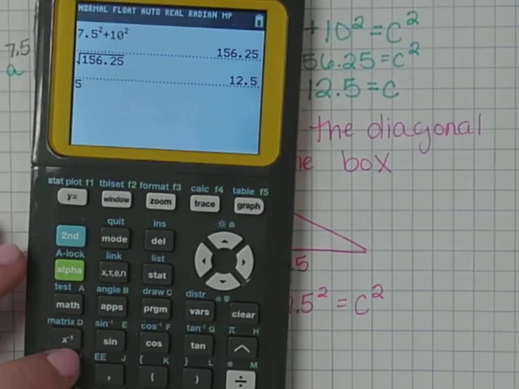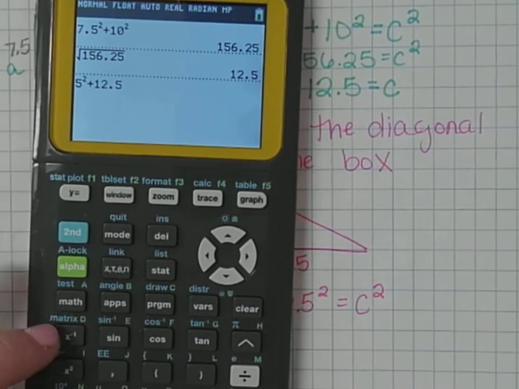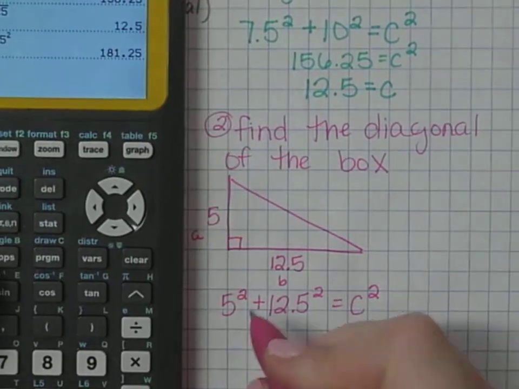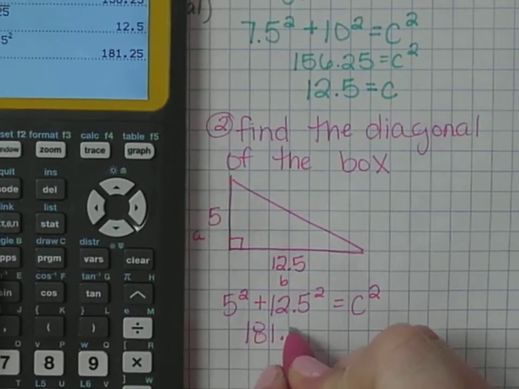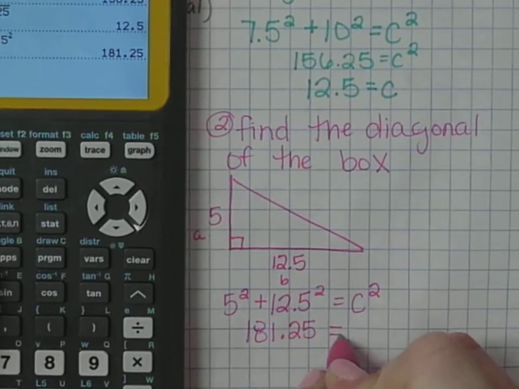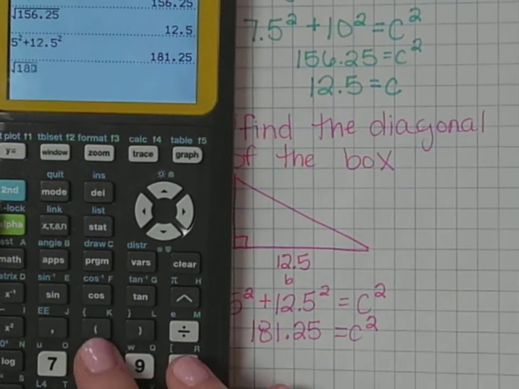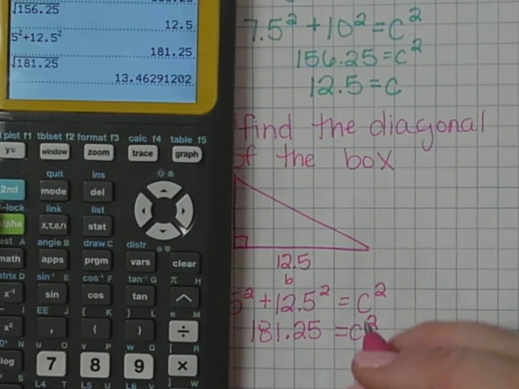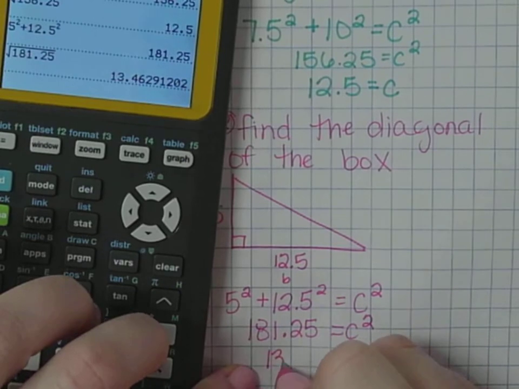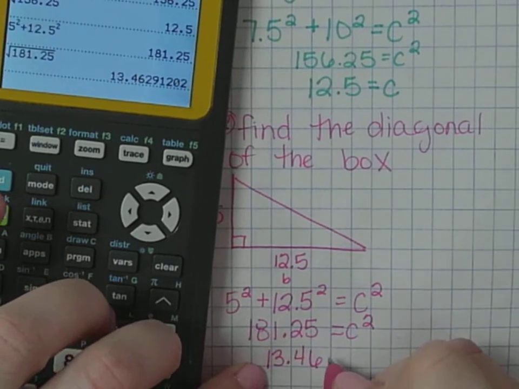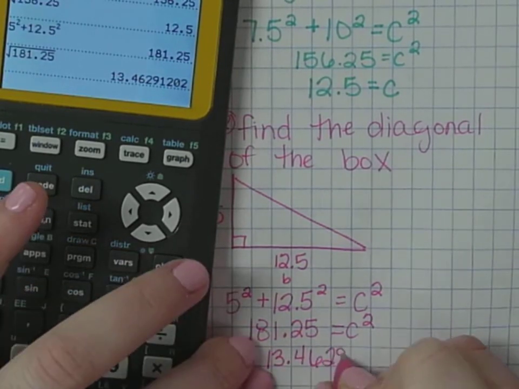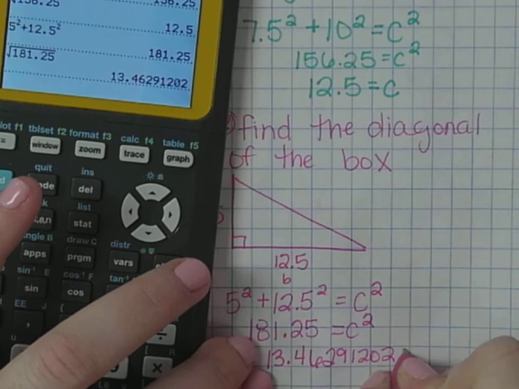So 5 squared plus 12.5 squared is 181.25. Take the square root, and you get 13.46291202.